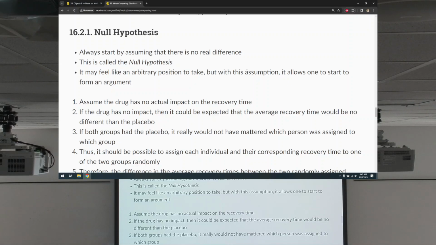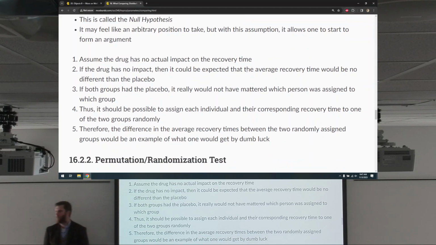If it didn't matter which group they were in, I could pretend they were in either group and it should have no impact on the actual results. Therefore, the difference in the average recovery time between the two randomly assigned groups would be an example of what one would get by dumb luck.